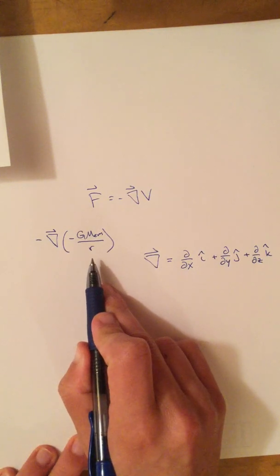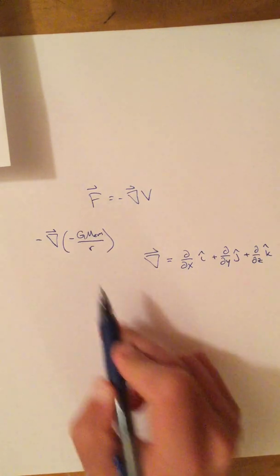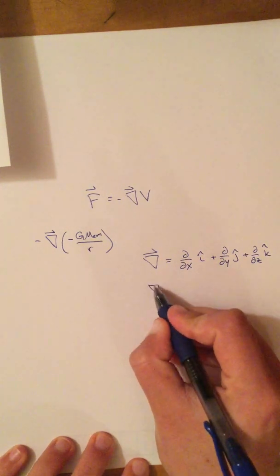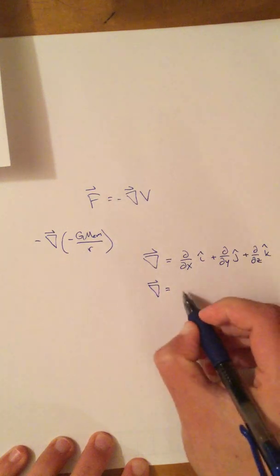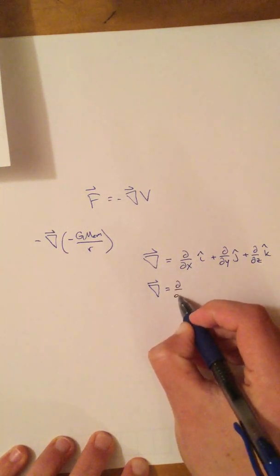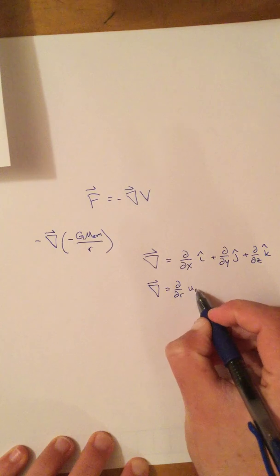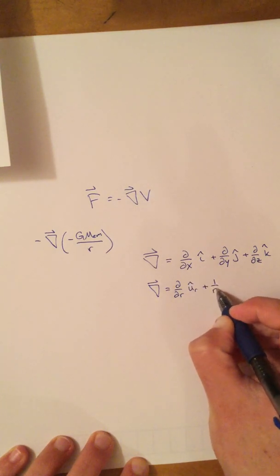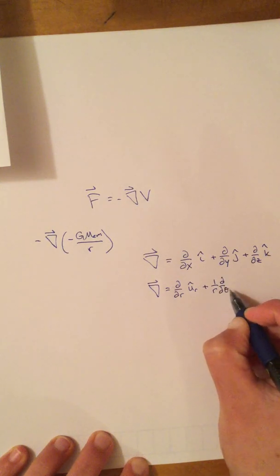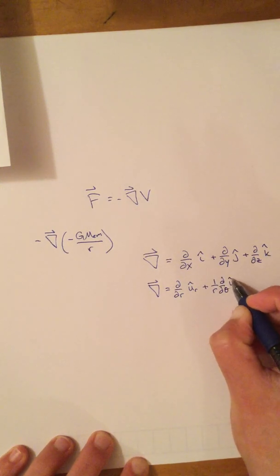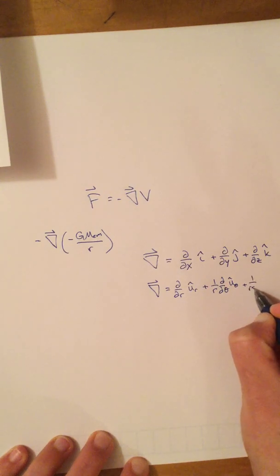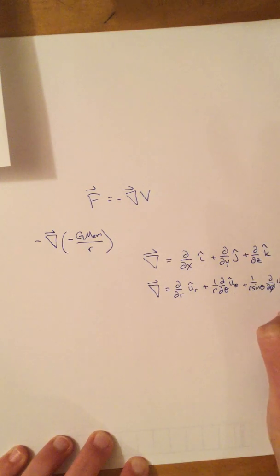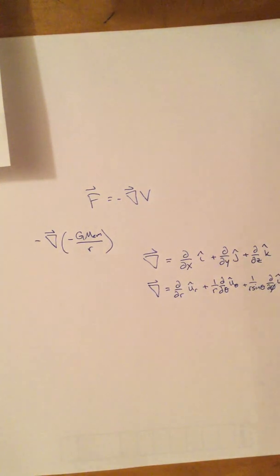So instead, we can use spherical coordinates. For spherical coordinates, we have, and again, this is not in your book, but you can look it up. So you have 1 over r d theta in the theta direction.